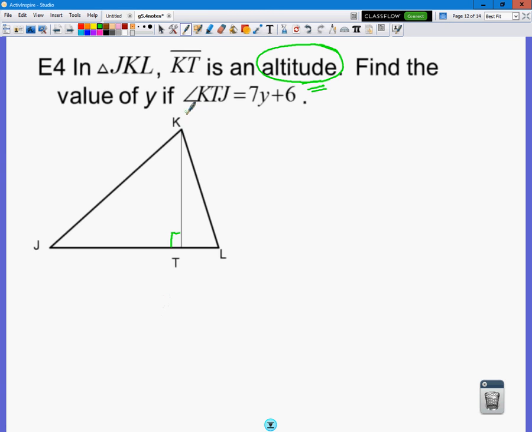And here they're saying angle KTJ. This angle, they're saying, is 7y plus 6. Well, what is 7y plus 6 going to be equal to then? 90.